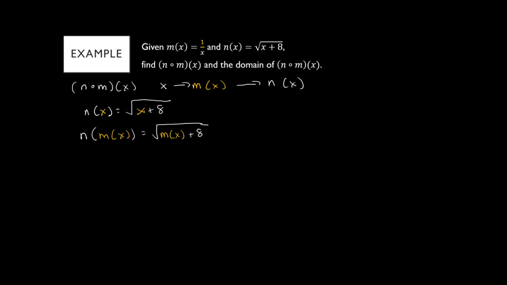And m of x is equal to 1 over x. So this is going to be the square root of 1 over x plus 8. So I'm going to just leave that there, and that is our function. 1 over x plus 8 inside the square root.